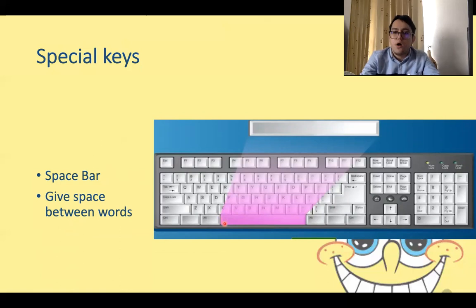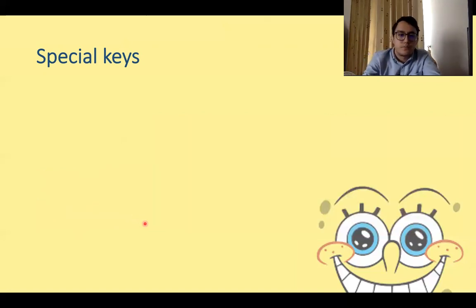Space bar, space bar. Okay, this is your space bar. It gives space between the words. So if we have two letters together, you press the space bar to get some space. You press it one more time, more space. One more time, more space. All right, so try to use the space bar.